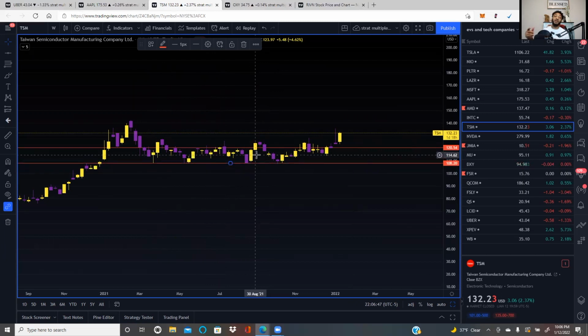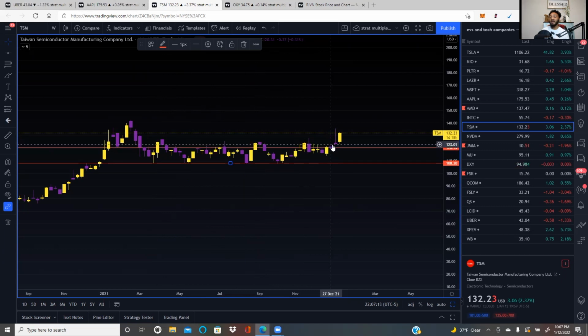Now, one of the things that I have learned about marking your resistance and your support: the longer candles stay in this consolidation, the bigger the move when it comes out of consolidation. So we got this rejection here. So now you got a break. Guess what happened? The next candle opened up, tested support, and pushed up.